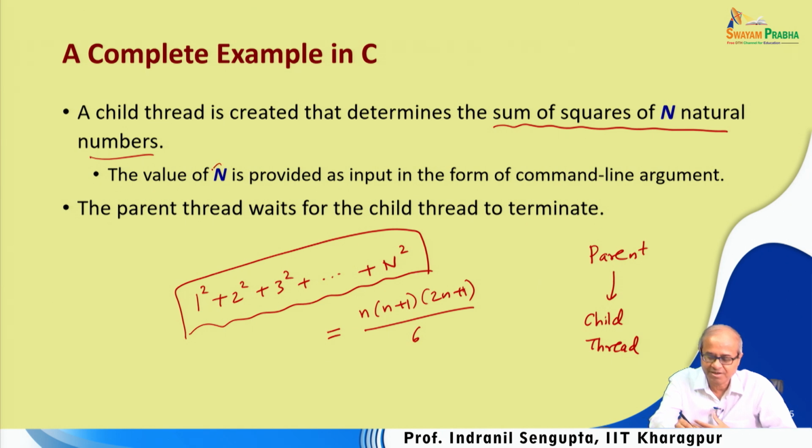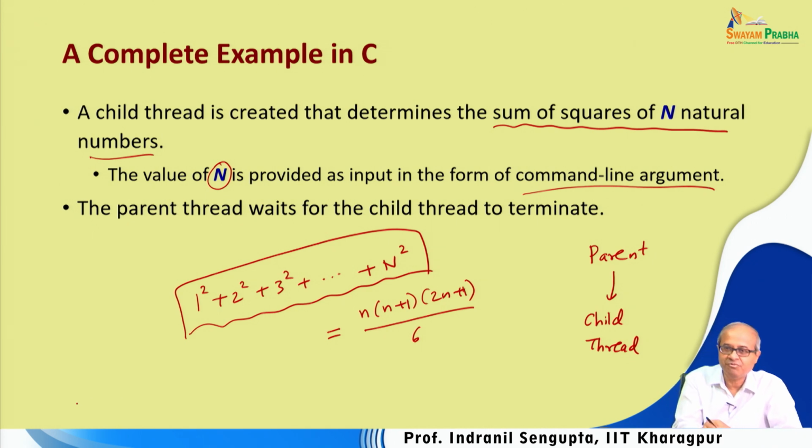The value of n is also provided as an input by the user as a command line argument. Command line argument means, let us say whenever you run this program, normally you give the name of the program, let us say myprog. You can give a number 10, this 10 will be the value of n.